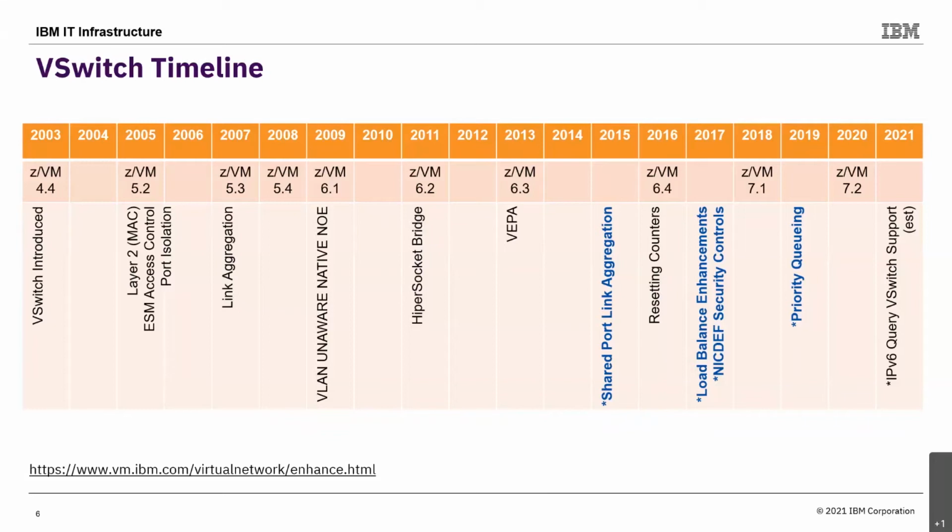Are you talking, Anna, about where in an SSI environment, when we have vSwitches on different members, configuring them such that they are connected to the same subnet, that requirement? Yes.